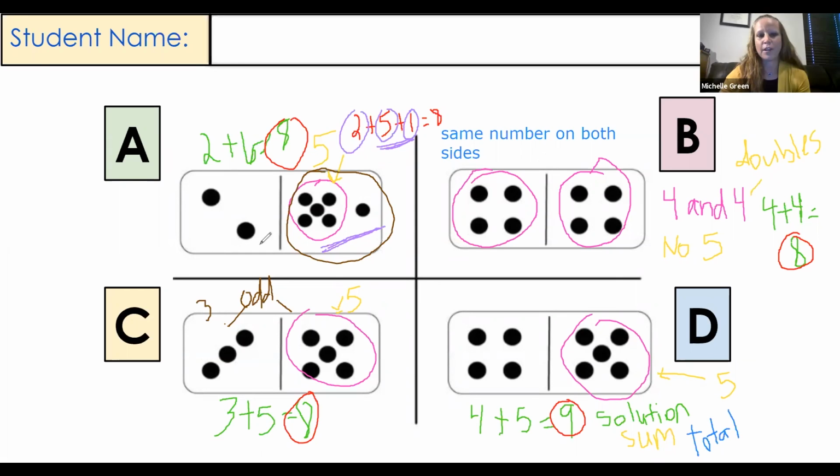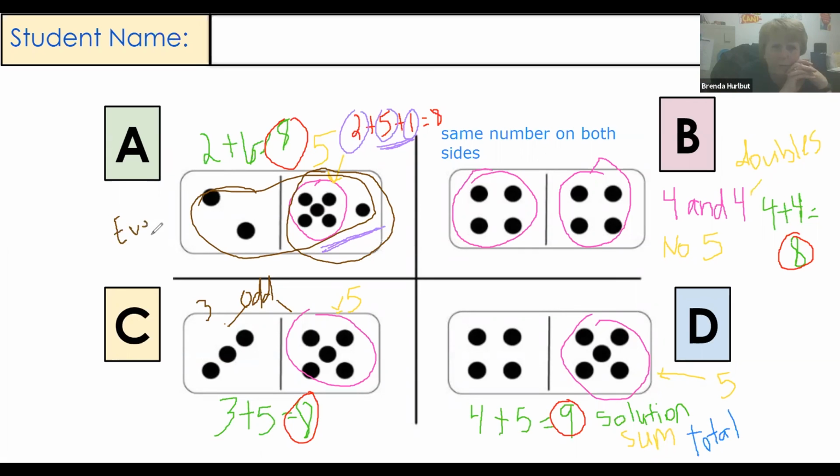And if I'm looking at A, which one of these would be your even number? Both of those are even on that one. It kind of looks like one of them could be odd, right? Right, if you didn't include the 5 and the 1 together, that could be considered odd if you wanted to say that. Awesome. Very nice. All right, guys, I'm going to go ahead and push pause on this one.